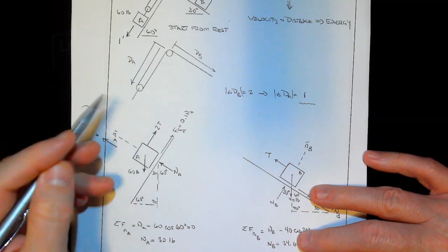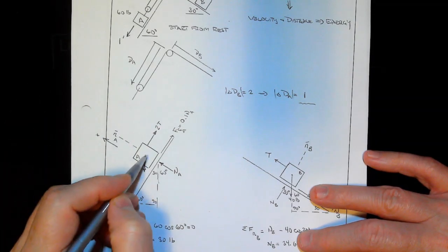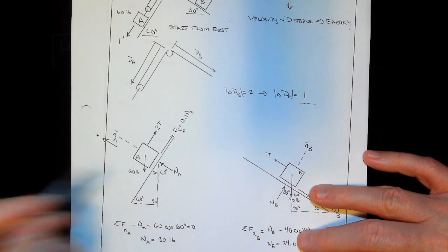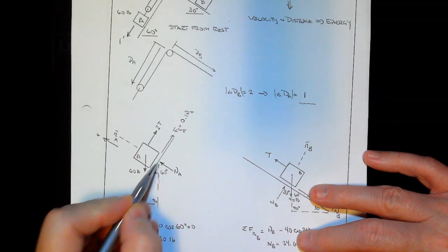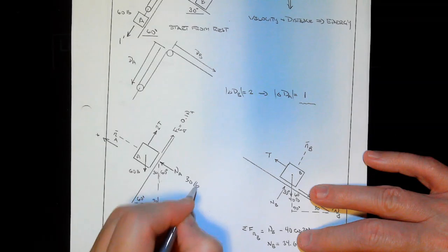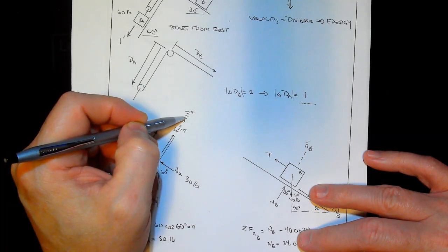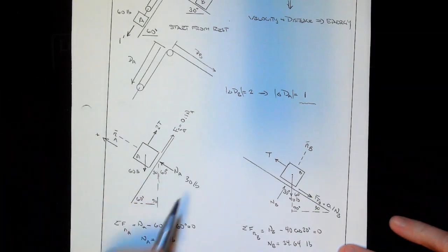The tension is perpendicular, don't have to worry about that. So the only thing we're left with is 60 cosine of 60. So NA minus 60 cosine of 60 is 0. Solve for NA. That tells us the normal force here, 30 pounds. That means we have 30 times 0.1 is the friction force, and so we have everything we need for that.